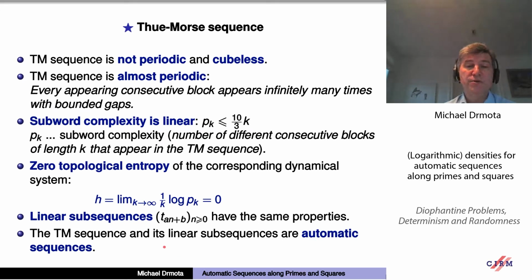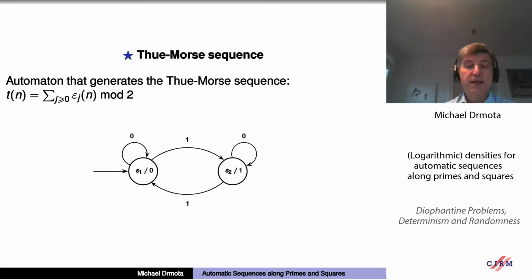I will not go through this, but I will only mention that the Thue-Morse sequence is a very special case of an automatic sequence. And the automaton that represents the Thue-Morse sequence is the following one. Actually, this is the minimal automaton that is possible for representing the Thue-Morse sequence.